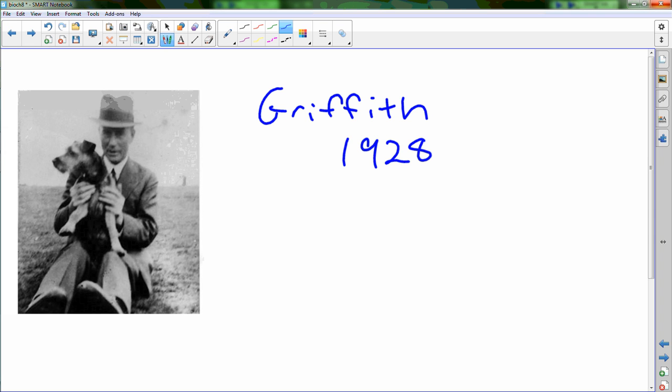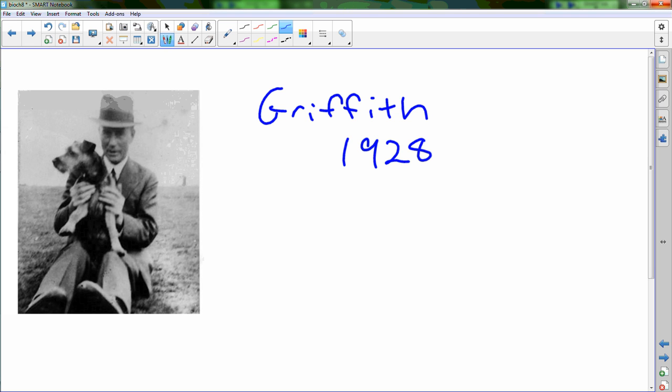Okay, now comparably, Mendel was doing his experiments in about the 1850s, so right before the American Civil War. So it was quite a few years after Mendel figured out all that stuff about heredity that Griffith actually came along and started to figure out at least the initial stages of how things were being passed on, the mechanisms.